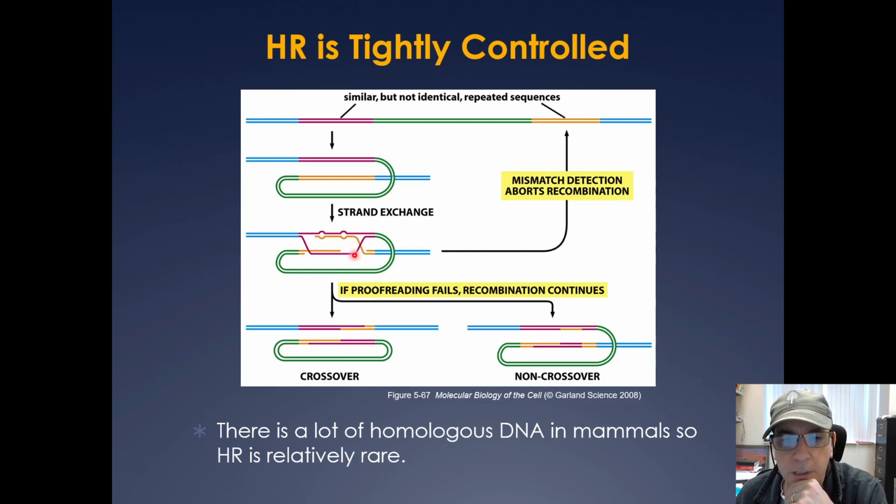But if that proofreading fails, a couple of recombination events can happen where you get a crossover and a big loss of DNA, or you can get the heteroduplex DNA and changes are further incorporated. And it turns out there's a ton of homologous DNA in mammals, and that's one of the reasons that homologous recombination is relatively rare, and non-homologous end joining is the more favored DNA repair mechanism in the case of a double strand break.